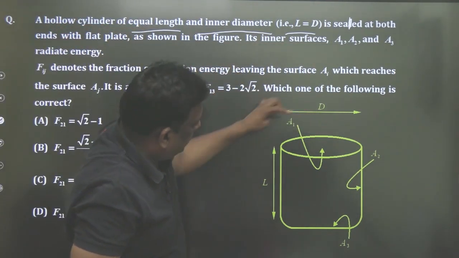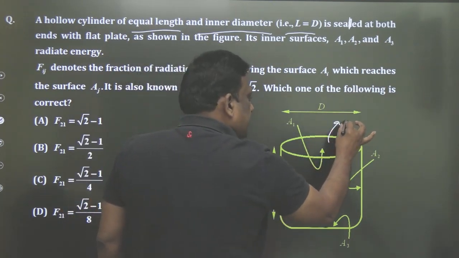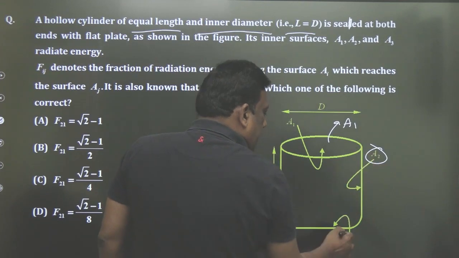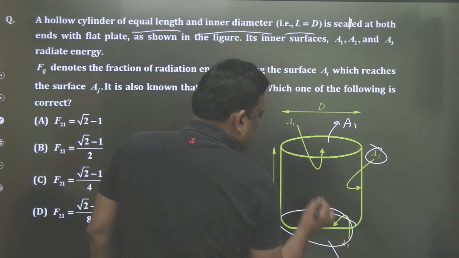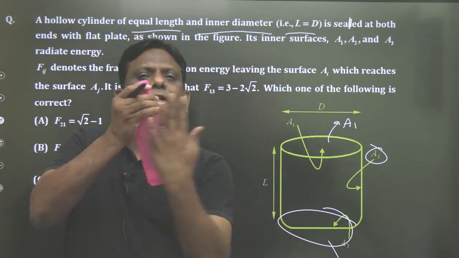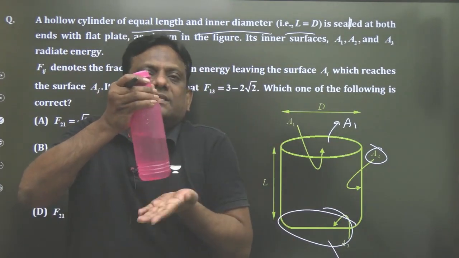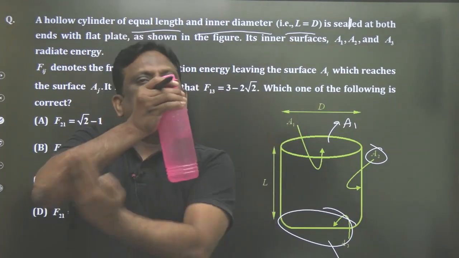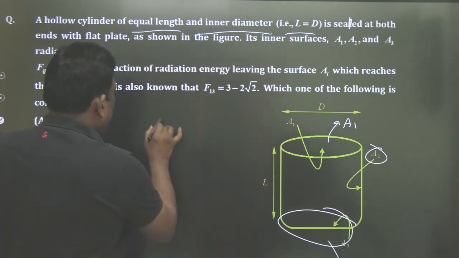This area is taken as A1. This hollow cylinder surface is taken as A2 and the bottom area is taken as A3. There are three surfaces: flat, circular and cylindrical.